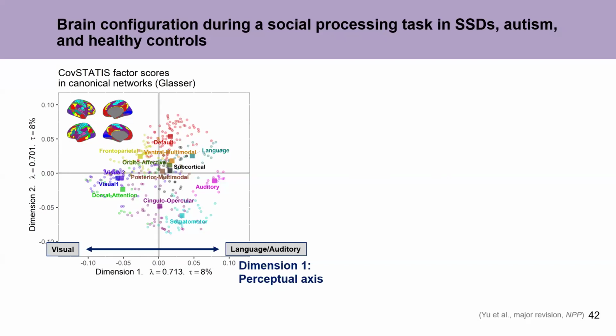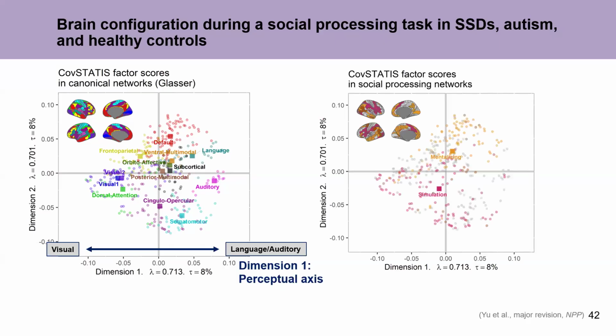So instead of just looking at these canonical networks, we decided to group the brain regions according to a different set of networks. So we look at the 2 social processing networks. Here the mentalizing networks are the higher level social networks that are responsible for higher level social cognition, like theory of mind, trying to understand others' perspectives, versus the simulation networks that are usually responsible for lower level social cognition, like basic emotion recognition.